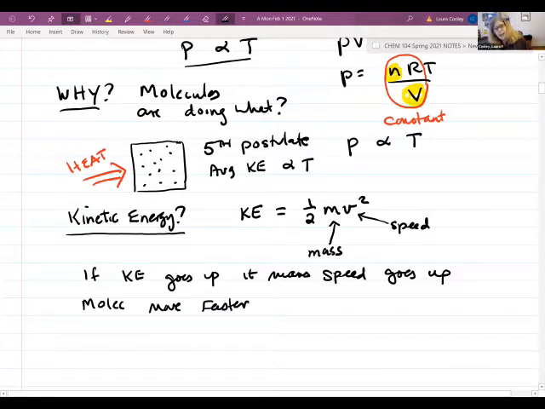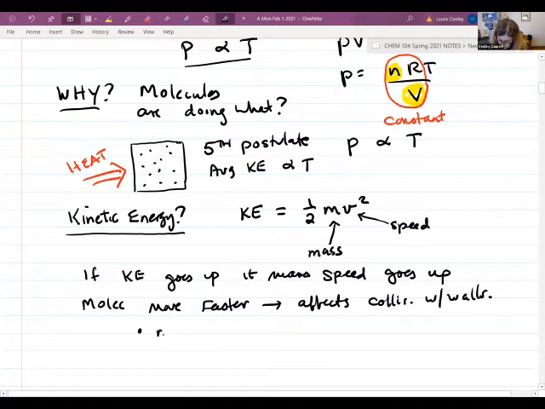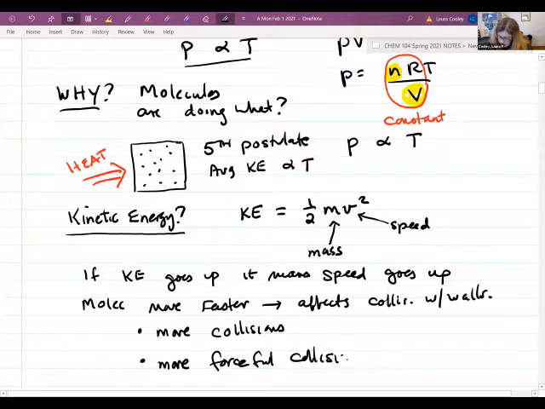If they're moving faster, that's going to affect the collisions, right? It affects the collisions with the walls. We don't really care about the collisions with their neighbors, but it affects the collisions with the wall. So you're going to end up with more collisions. But because of the greater speed, you will also end up with more forceful collisions.